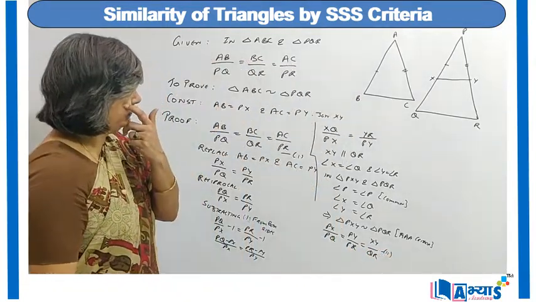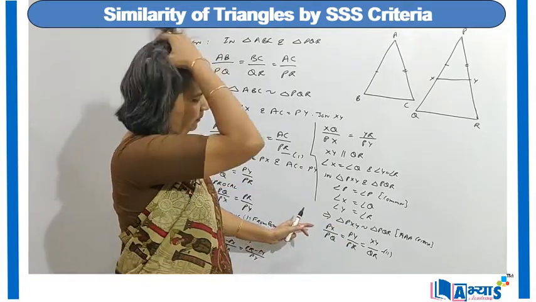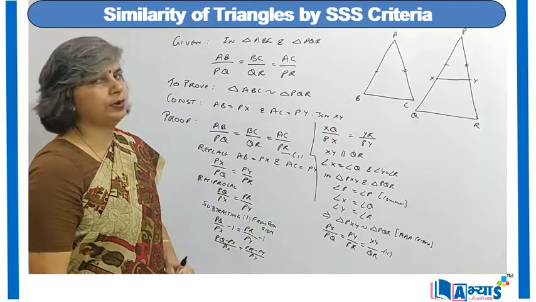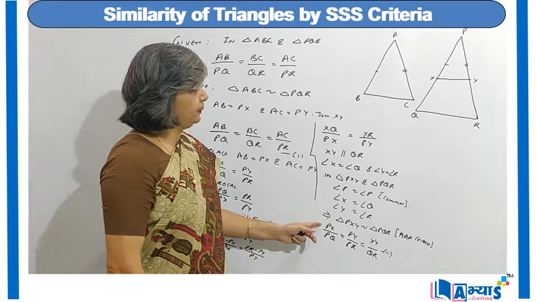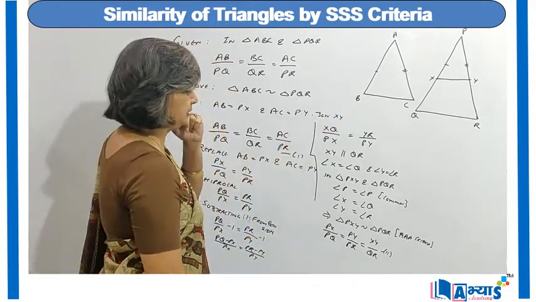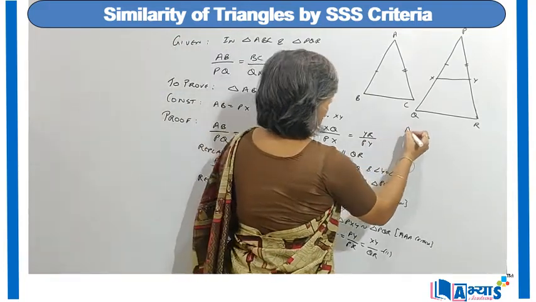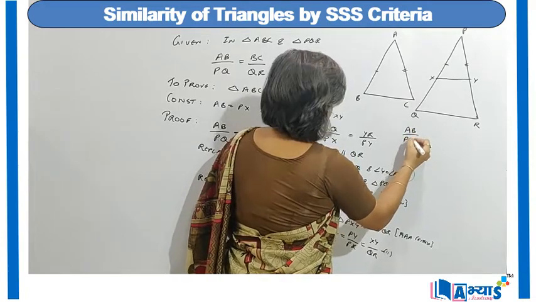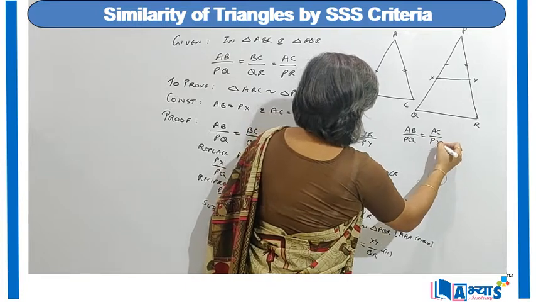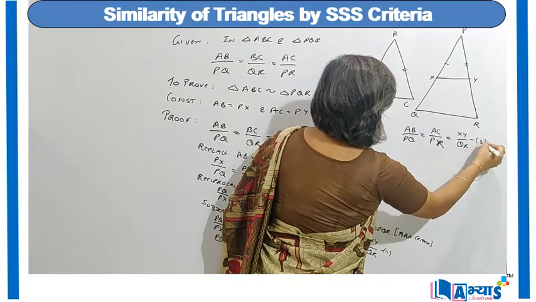So when triangle PXY is similar to triangle PQR, PX upon PQ is equal to PY upon PR is equal to XY upon QR. But we know that PX is equal to AB and PY is equal to AC, so we will replace PX and PY with AB and AC. We will get AB upon PQ is equal to AC upon PR is equal to XY upon QR. Let us mark it as equation 3.